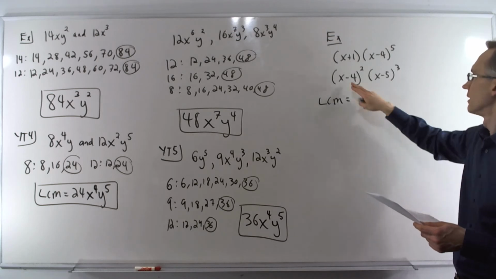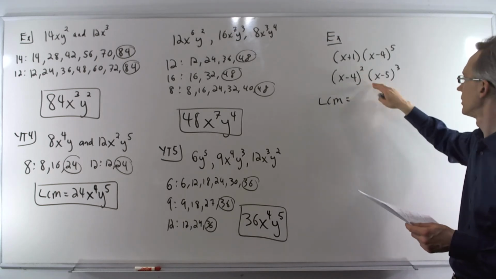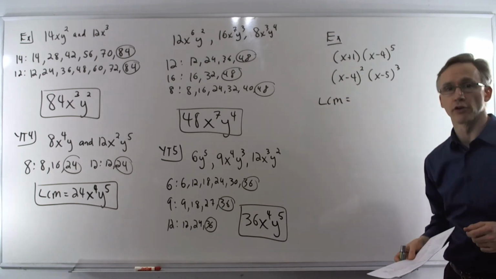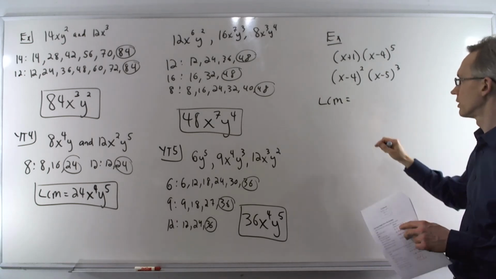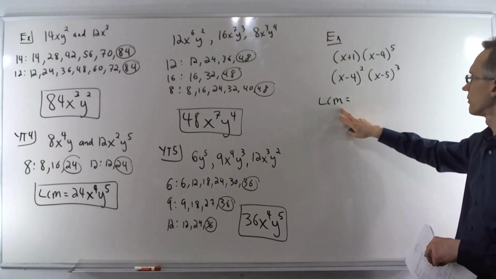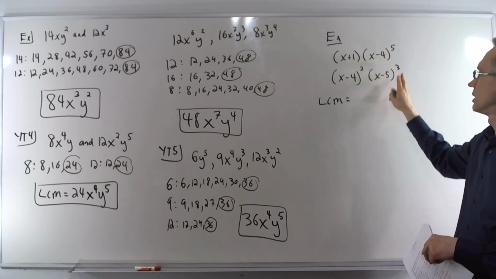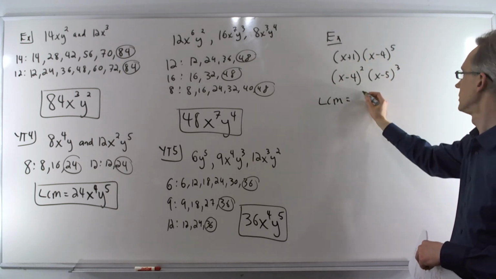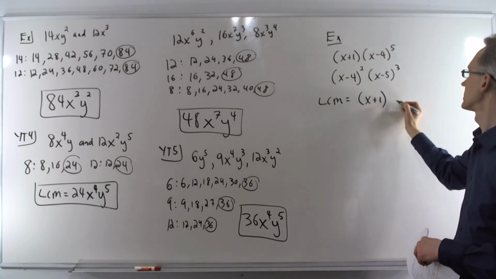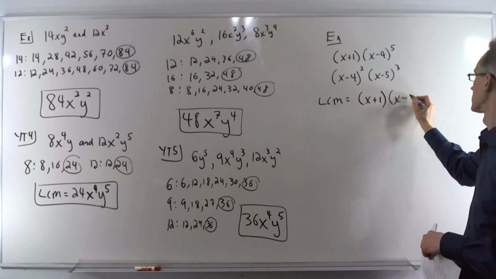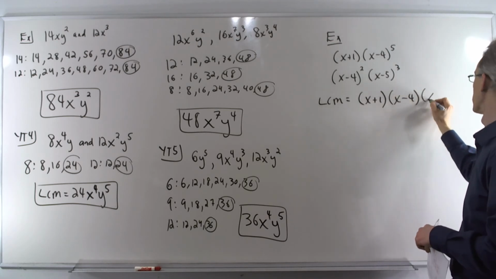That's the first one, and the second expression is x minus 4 squared times x minus 5 to the 3rd power. So first thing we're going to do to find the LCM is write down every unique factor, every unique binomial. So x plus 1, no exponents when we do this, x minus 4, and x minus 5.